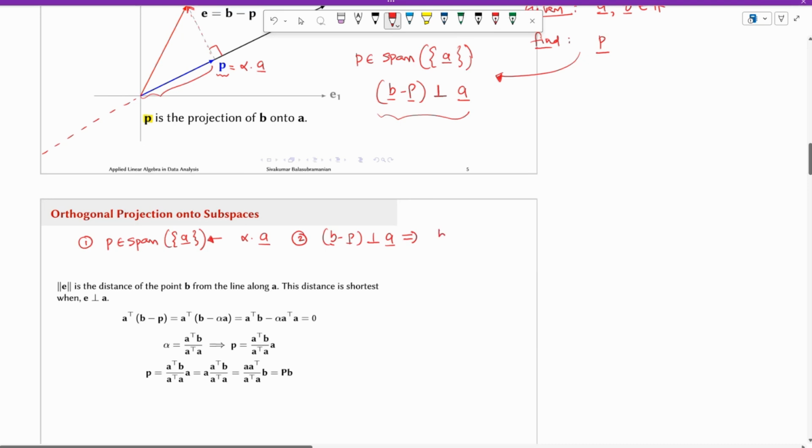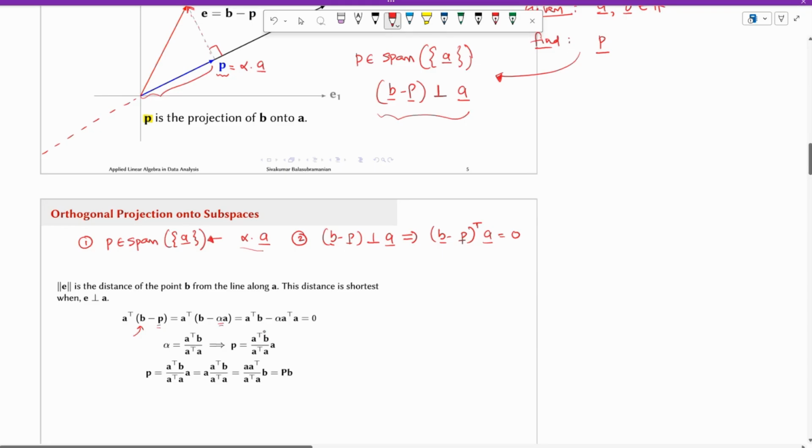That means (B minus P) transpose A is 0. But we know that P is alpha times A. So essentially that's what I've written here. Because A is perpendicular to the difference between B and P, this whole thing has to be equal to 0. But we know P is alpha A.